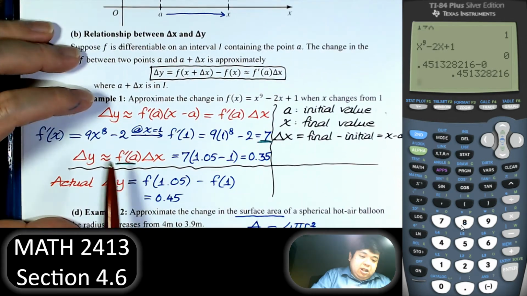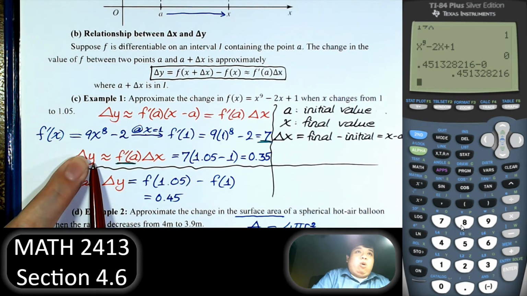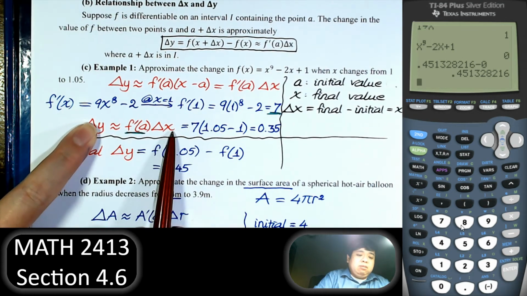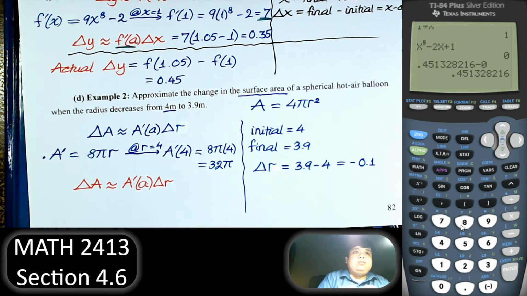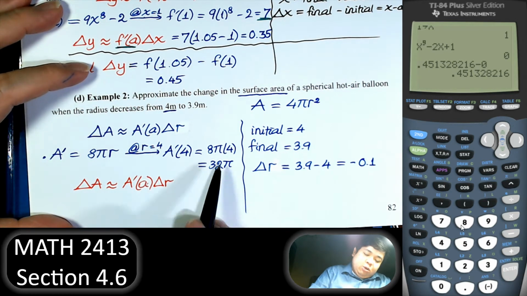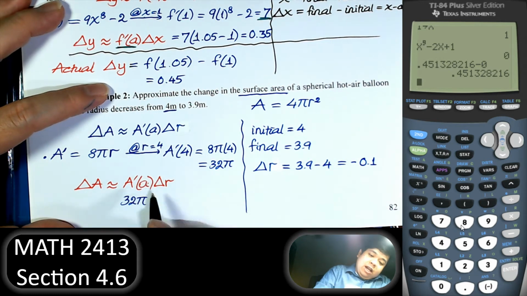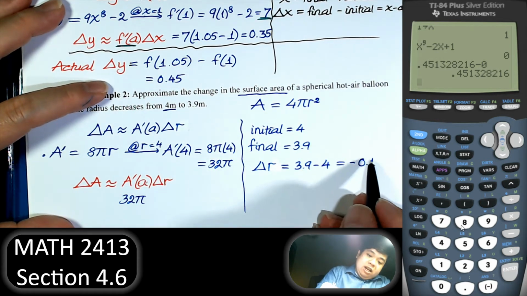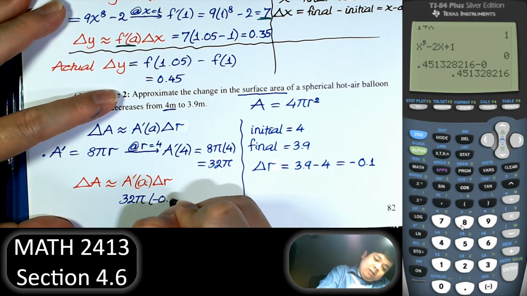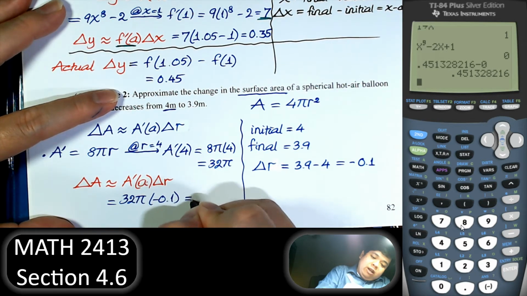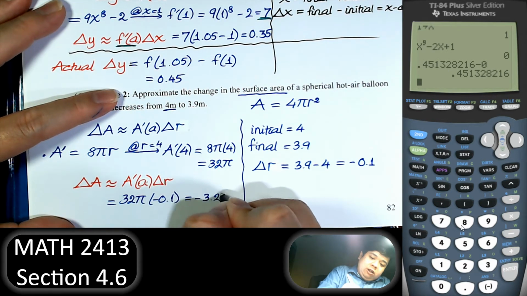It's just like this, but we replace y with a, and x with r. Okay. It's still the same formula. The derivative is going to be 32 pi. Delta r is negative 0.1. So we have negative 3.2 pi.